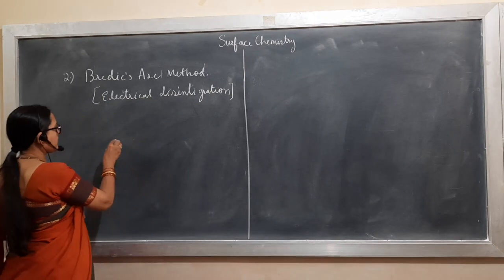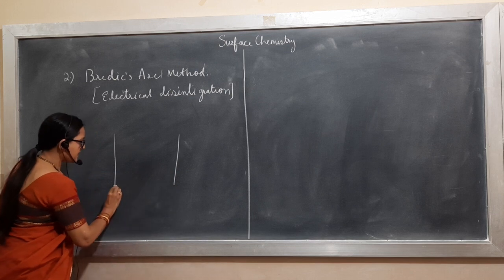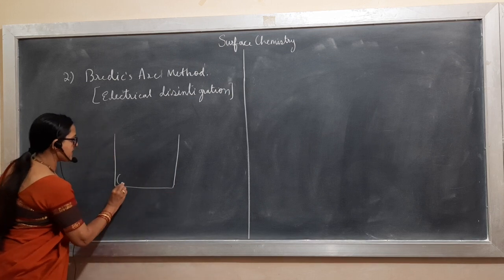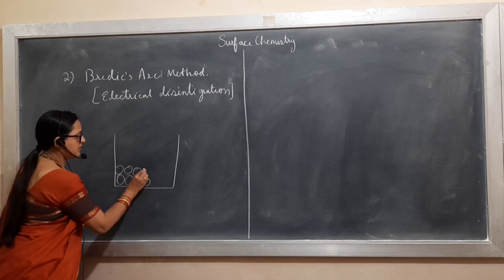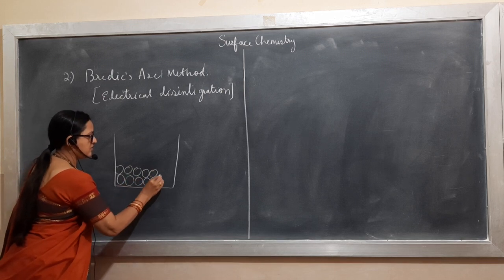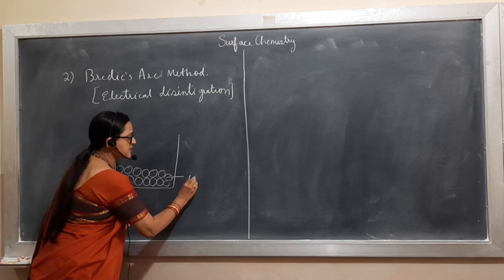For this we require a container. A container is taken and ice is placed in it to form the ice bath. So, in a container, we have kept some ice, called an ice bath.